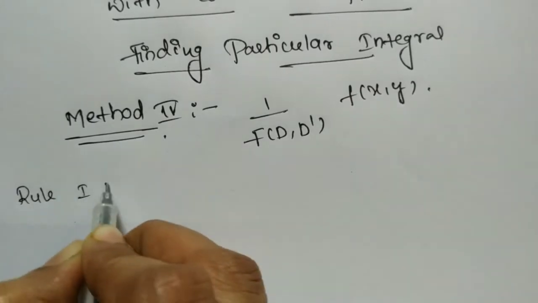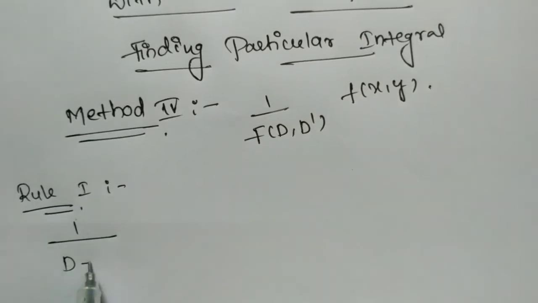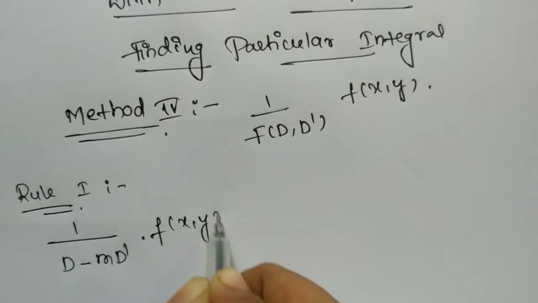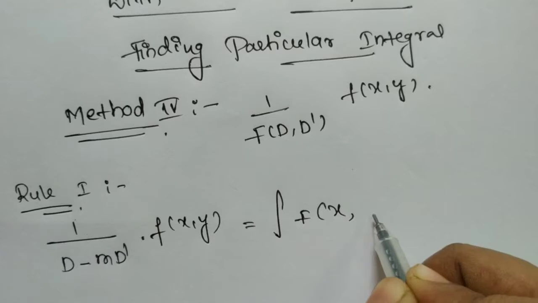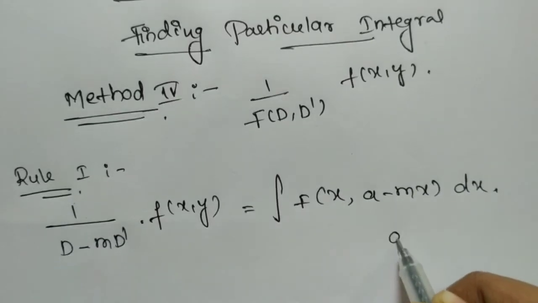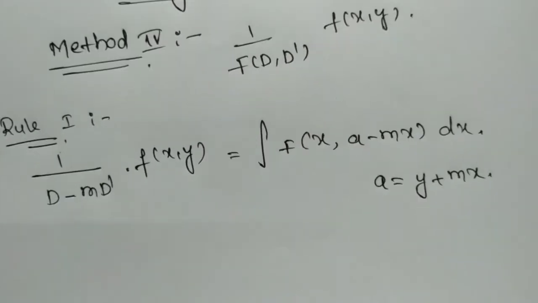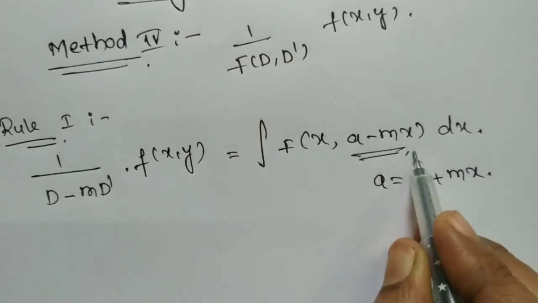Here I am writing rule 1, that is 1 by D minus mD dash into f of x, y equals the integration of f of x, a minus mx into dx. Here a is nothing but y plus mx, so in place of y, I am writing a minus mx.